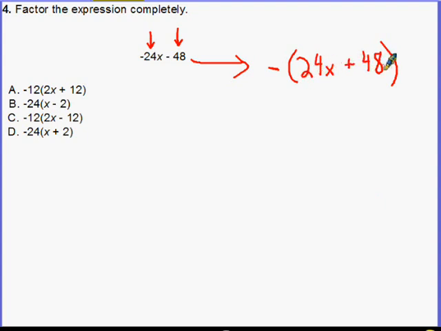But there's something that both of these guys still have in common. I could divide 12 into both of these. So that means I can factor out a 12. Because look, if I divide this by 12, then that's going to give me 2x.